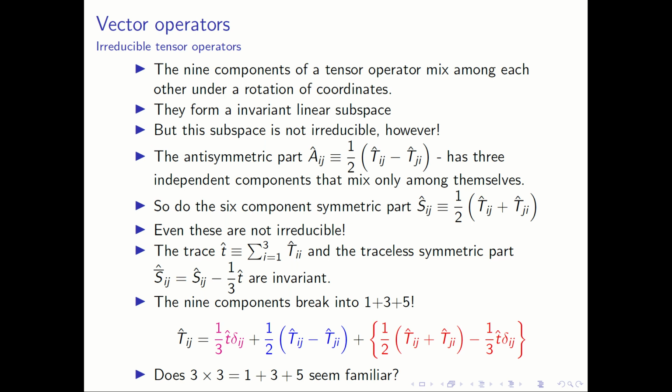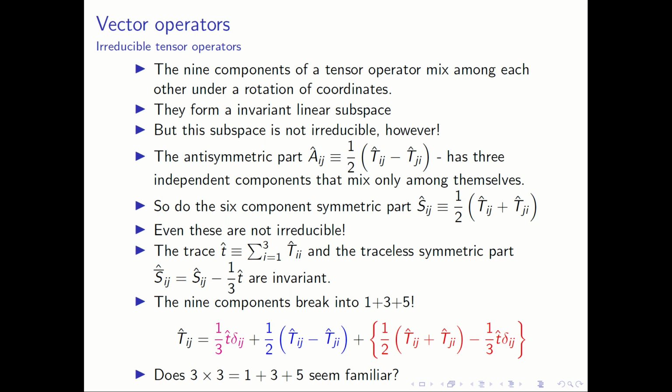Of course, the trace which you form by just adding up T11, T22 and T33 turns out to be a scalar. It does not change when you rotate your coordinate system, so it does not mix with other operators. The antisymmetric part, Tij minus Tji by 2, is also invariant.